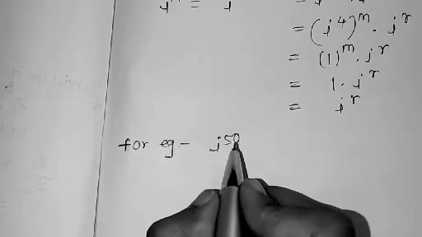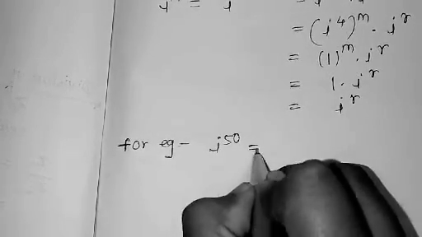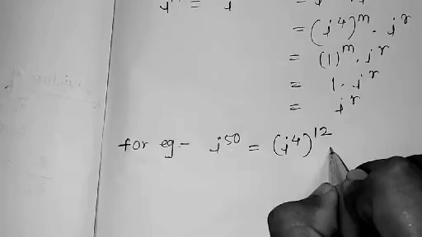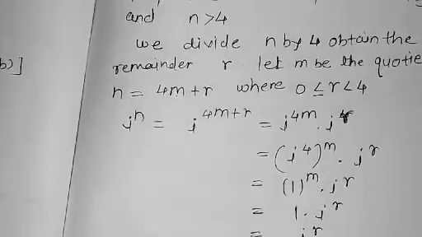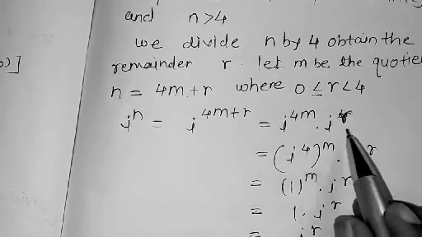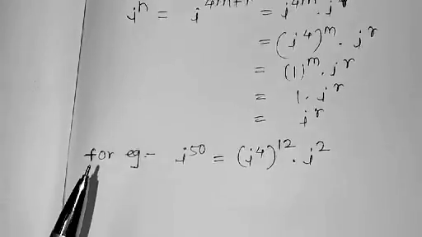Now consider one example. We have to find iota raised to 50. From the above condition, we divide 50 by 4. So we get iota raised to 4 raised to 12 into iota square. We write it in the form iota raised to 4m into iota raised to r.